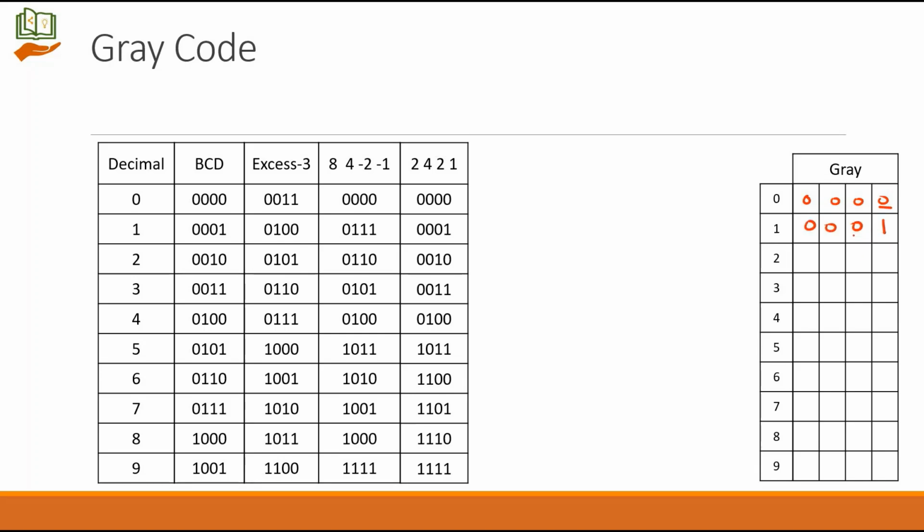Next we'll change this bit, because if I change this again it will change to 0. So we will have 0011. Now we can change the final bit once again, so this is 001 and this becomes 0. What about 4? If I change the final bit, it becomes 2. So when I change 0010 to 0011, it is 2.